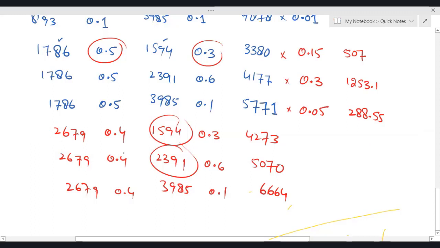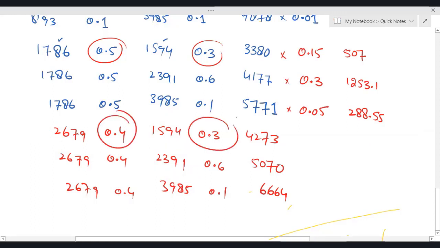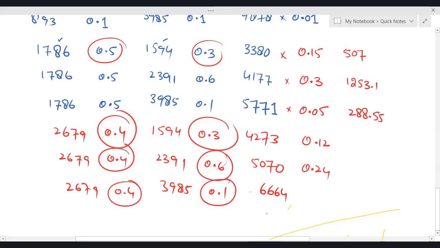For joint probabilities, we just need to multiply them. I'll get 0.12, 0.24, and what is the last one? 0.04.